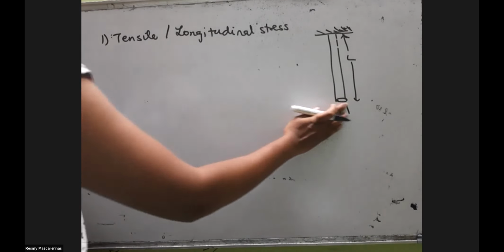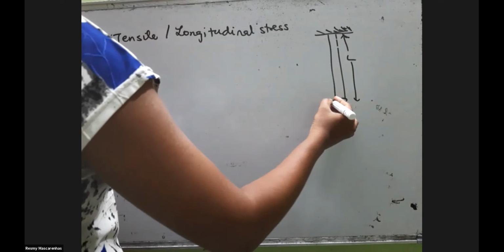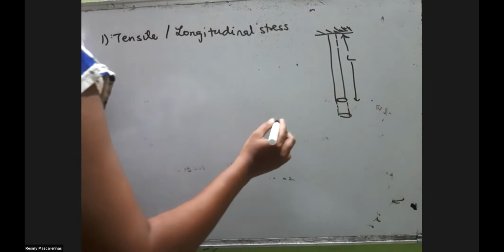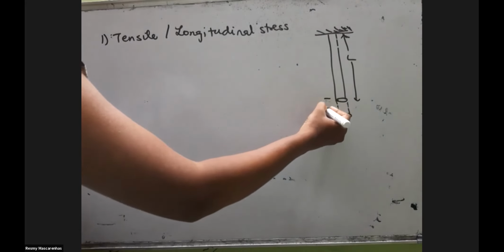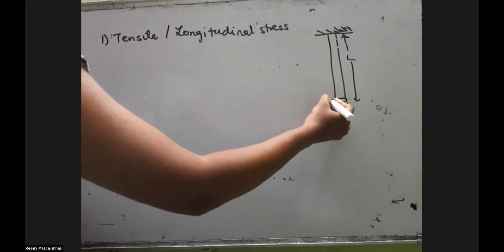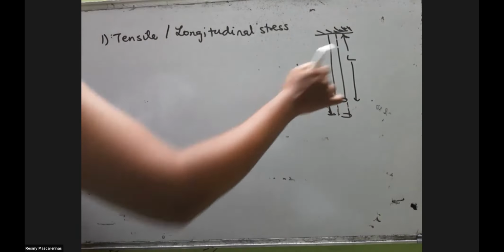From the original length, the extension will be called delta L, or small l. This is the capital L.